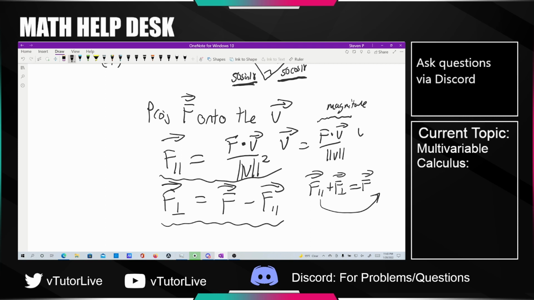And what I'm doing is I'm also multiplying it by V over itself in order to isolate out the unit vector. You see that? Oh, I see. Yeah, thank you.